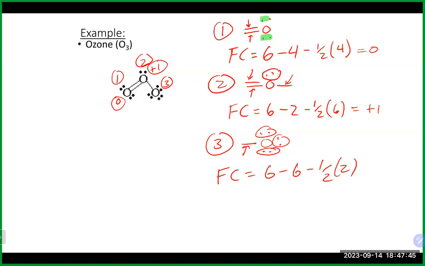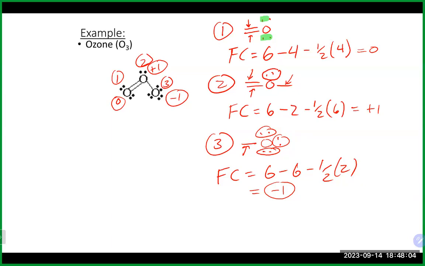That's going to give me 6 minus 6 is 0, minus 1 basically, gives me a -1 formal charge on the guy on the outside. So in this particular arrangement, the oxygen on the right is carrying a more negative charge. The guy in the middle has more of a positive charge.